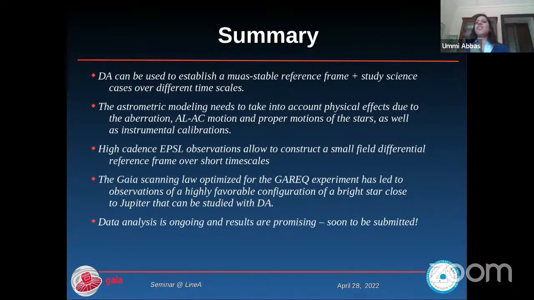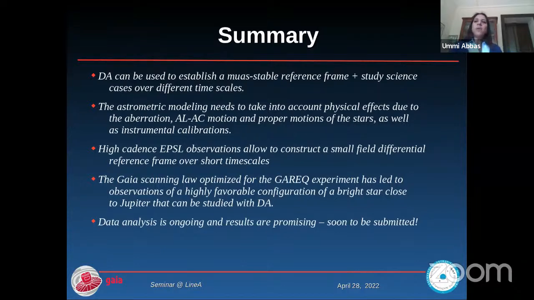So now it is frozen. The scanning law parameters are only changed in very exceptional cases, and at this point not even for science cases. If the scanning law parameters undergo changes, it's because of other reasons, due to the satellite or the way they want to optimize the scanning scheme, the instrument and so on.